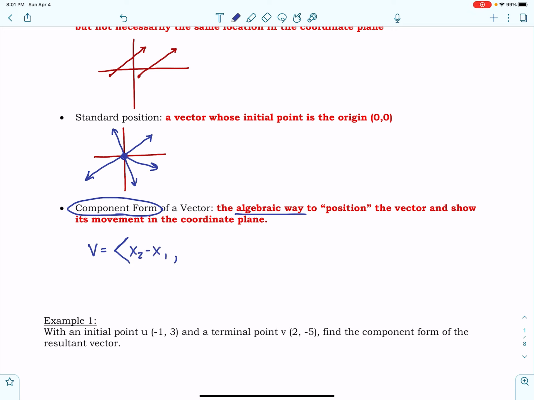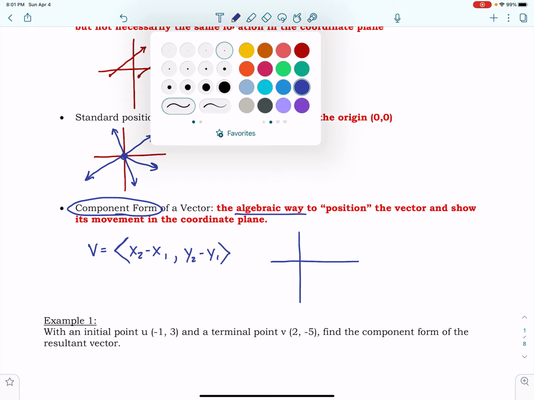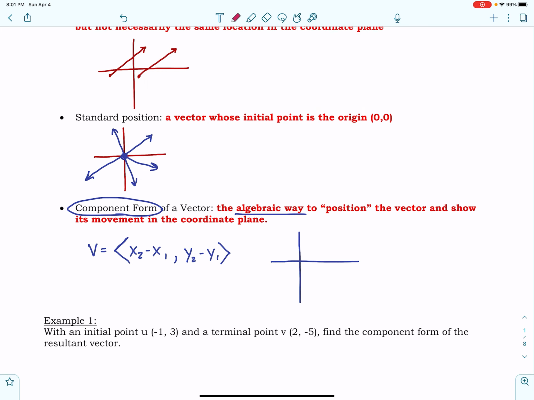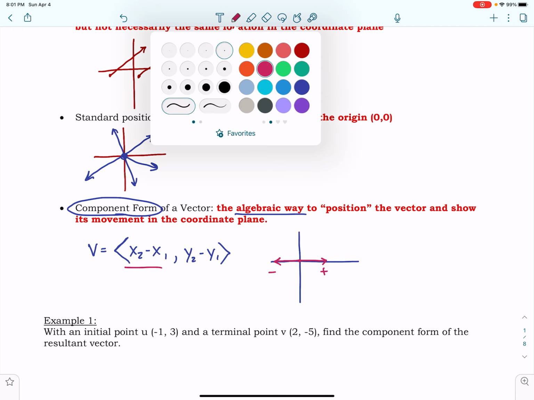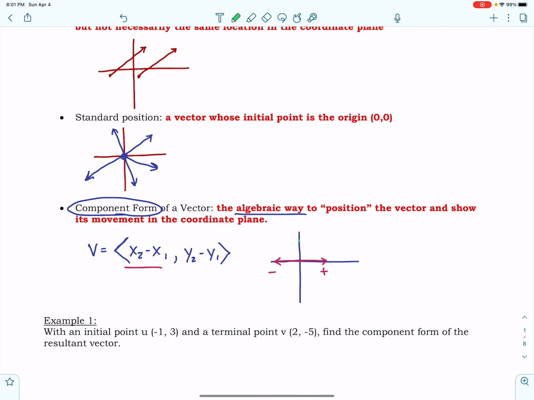And you basically take the difference of your terminal and initial x value and your terminal and initial y value. And essentially, it creates the values of movement, all right? And so what does that mean? Well, that means that the x value is going to move in this direction or this direction. So these will have signs, positive this way, negative this way, but it's also going to show the movement up and down for y. So that's going to make more sense when we start looking at these examples.